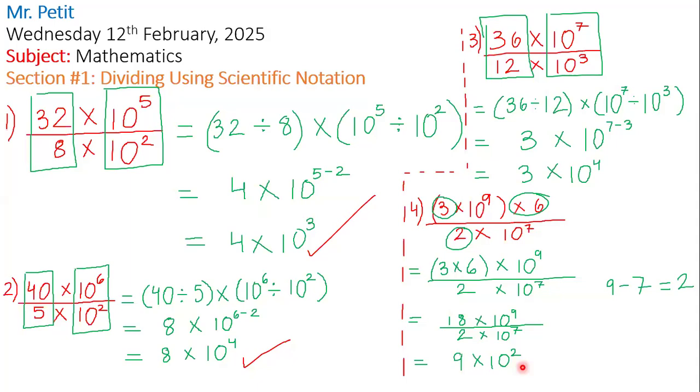Mr. Petit, I have a question. Mm-hmm. You divided 18 by 2? Yes, I divided 18 by 2, yes.